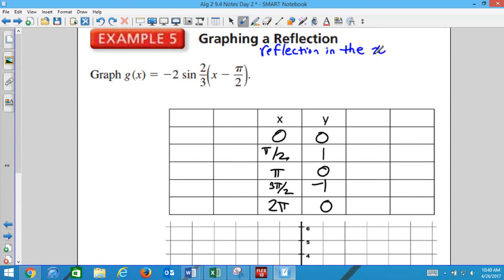X-axis. And then we have a vertical stretch by a factor of 2. But in your chart, it was going to multiply by negative 2 at the same time.